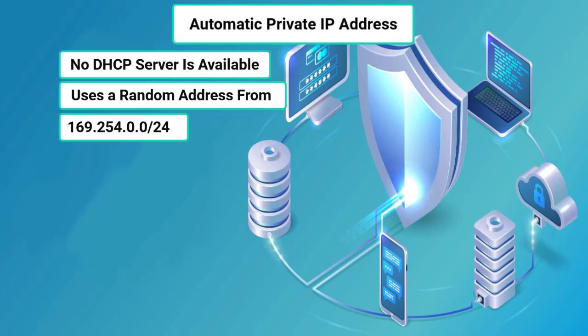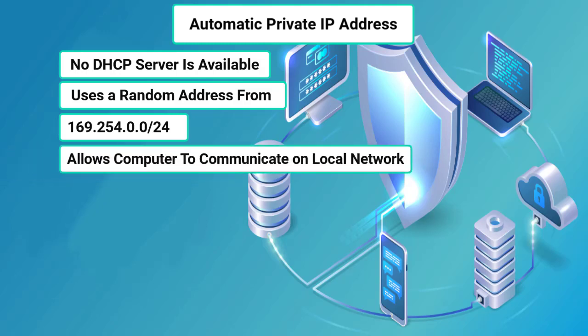This enables the computer to exchange data over a local network. The concept behind this system is that you could connect a computer at home to a switch that has one or more computers connected to it. Using automatic private IP addressing, the computers will automatically assign an IP address, as well as be able to communicate with one another. However, keep in mind that these addresses are not routable on the internet.